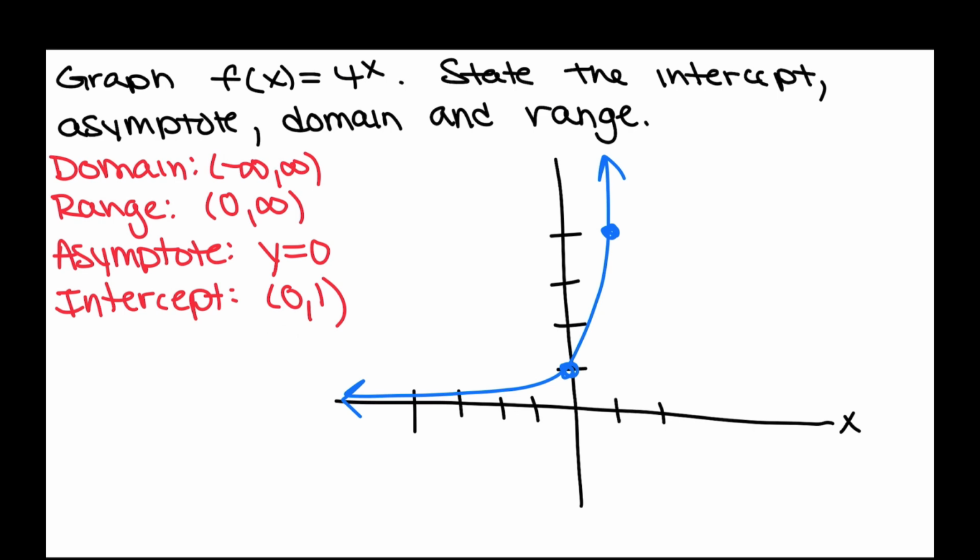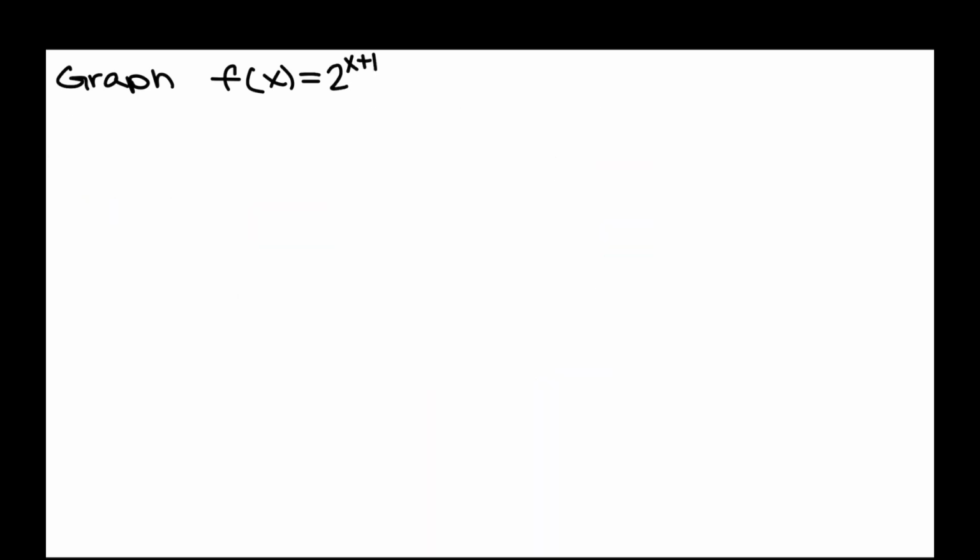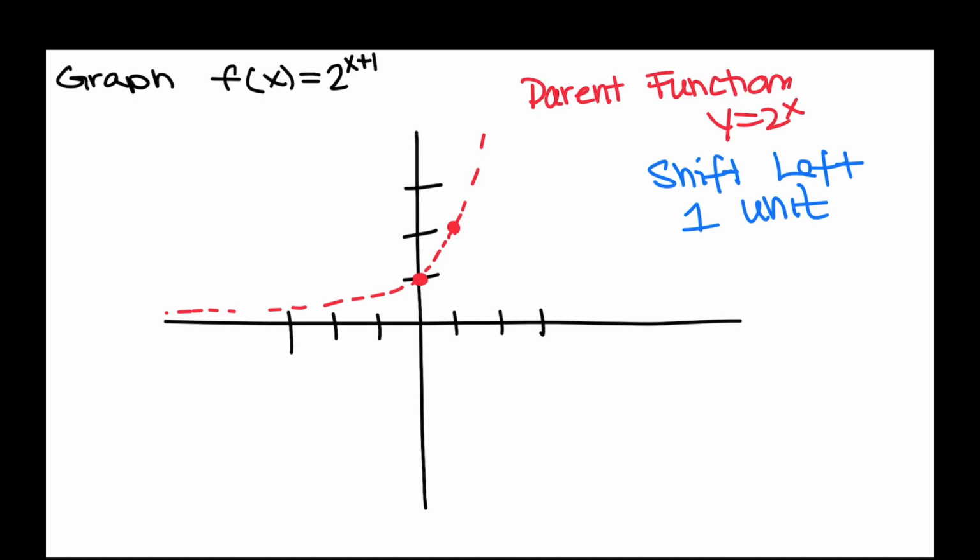Now, we can also use graphing transformations to graph modified versions of these exponential functions. So, for example, if I want to graph f of x equals 2 to the x plus 1, I know what y equals 2 to the x is. We graphed that earlier.